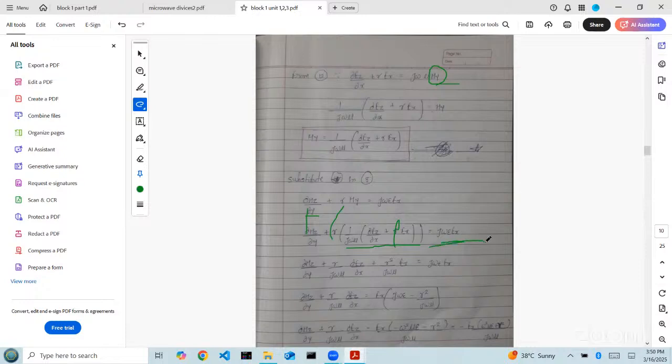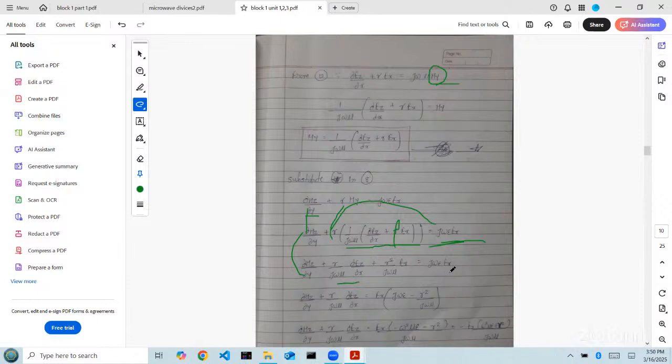What are we doing next? Internal multiplication. The first step is as it is: dou Hz by dou y. What is the next step? Plus gamma by j omega mu times of dou z by dou x. The second term came. Next, gamma into gamma gives what? Gamma square Ex by j omega mu equals j omega epsilon Ex.